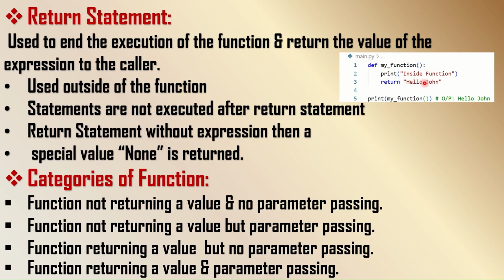Here I want to return a message like hello John. Whenever in the fifth line I call this function my_function, it will call this function. Inside this function, we have the print statement. First of all, it will print this statement, and then finally it will return this output, so that we have hello John in the output.